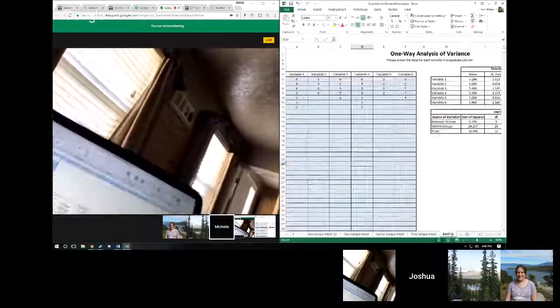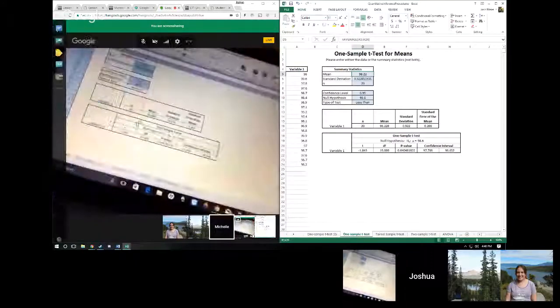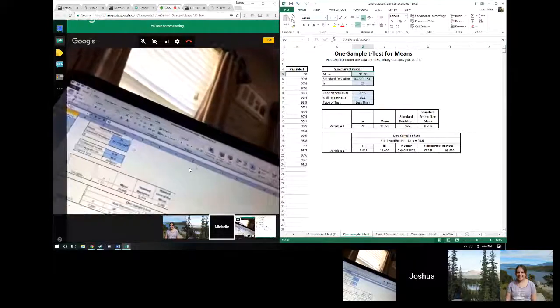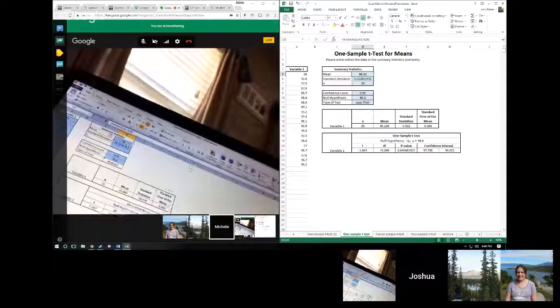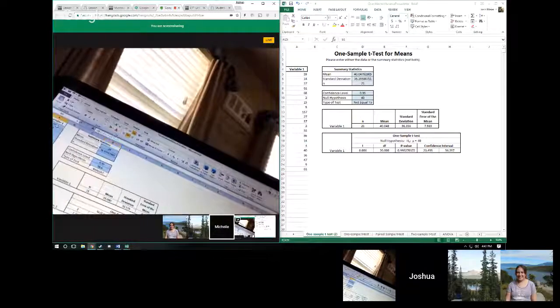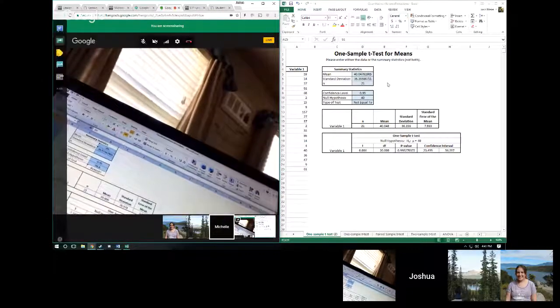It doesn't look like it's still wrong. The type of test, it's not showing up with the value like it should be. It's just saying hashtag value. Right.